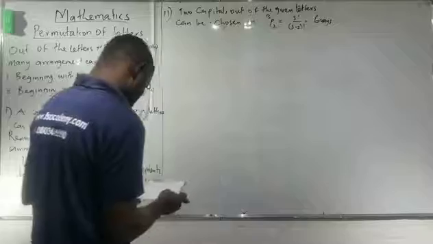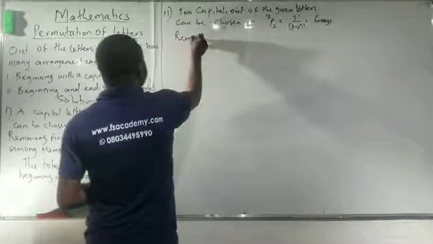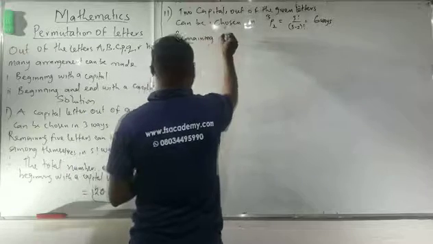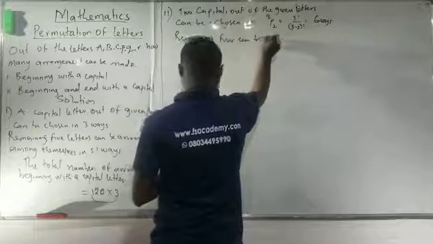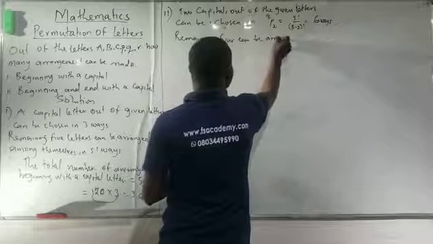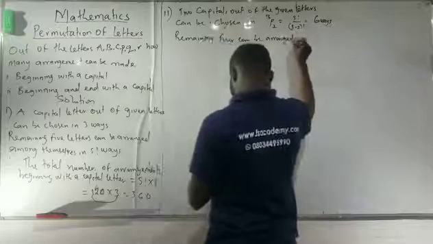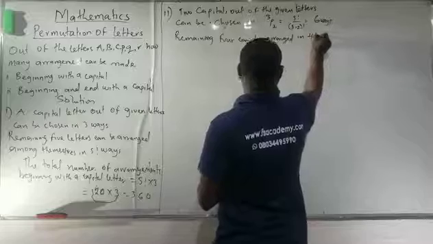Okay. Now, since I have that, the remaining four can be arranged in 4 factorial ways.